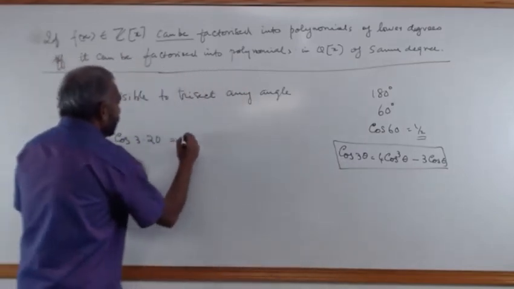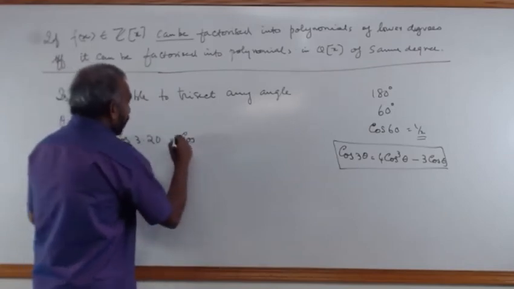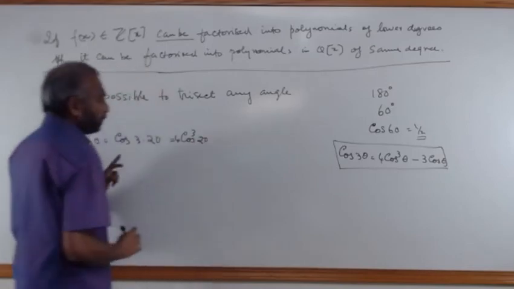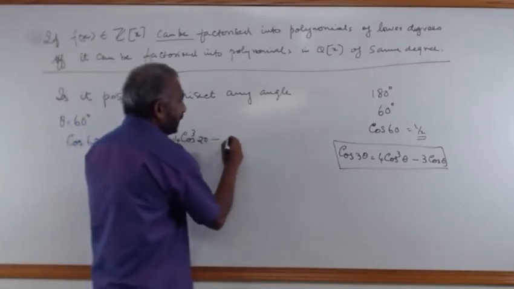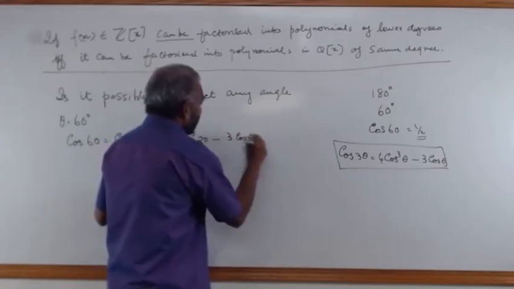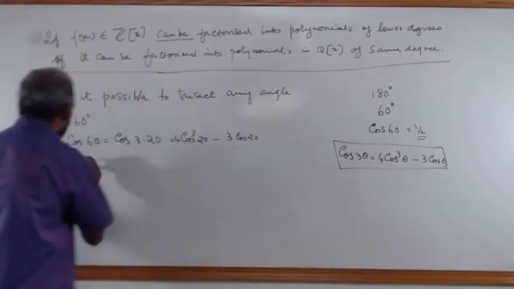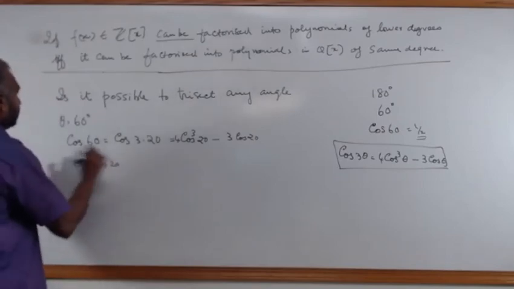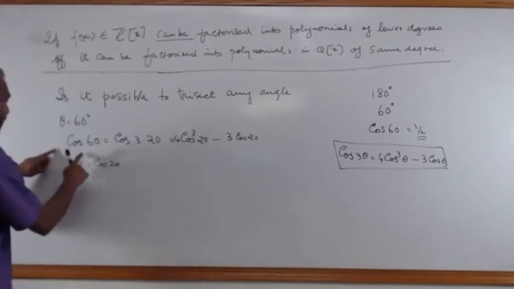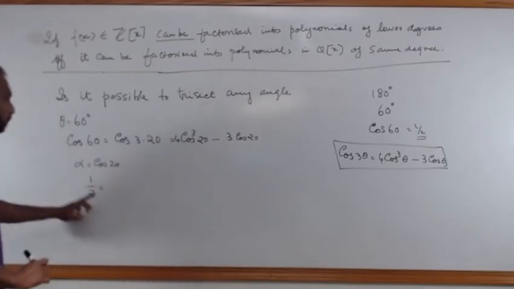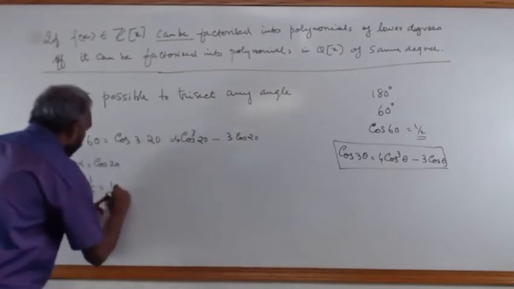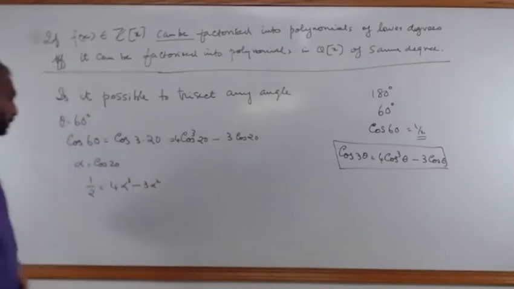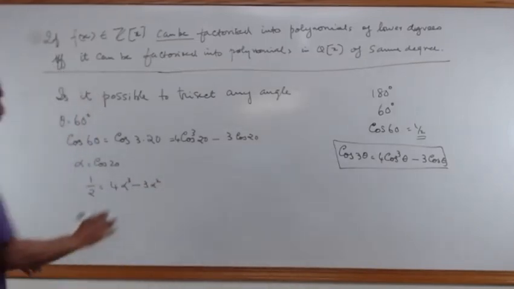So this will be 4 cos cube 20 minus 3 cos 20. So let us take alpha is equal to cos 20. So this is half. Half equal to 4 alpha cube minus 3 alpha. Sorry.